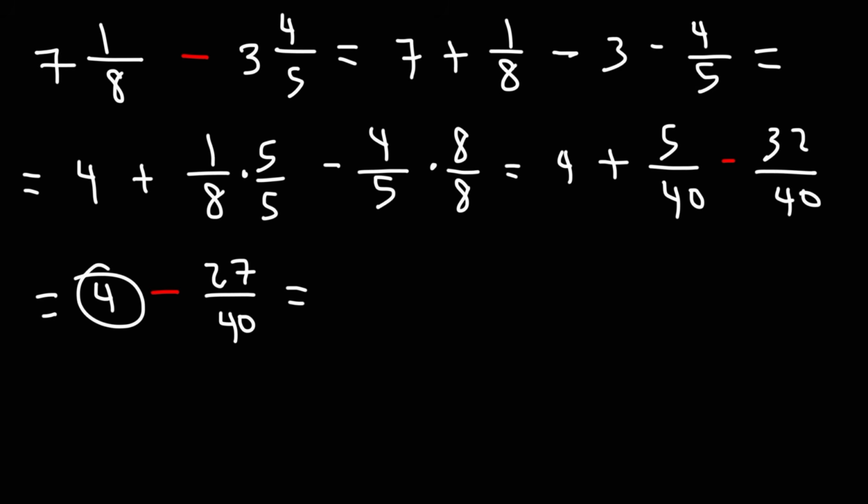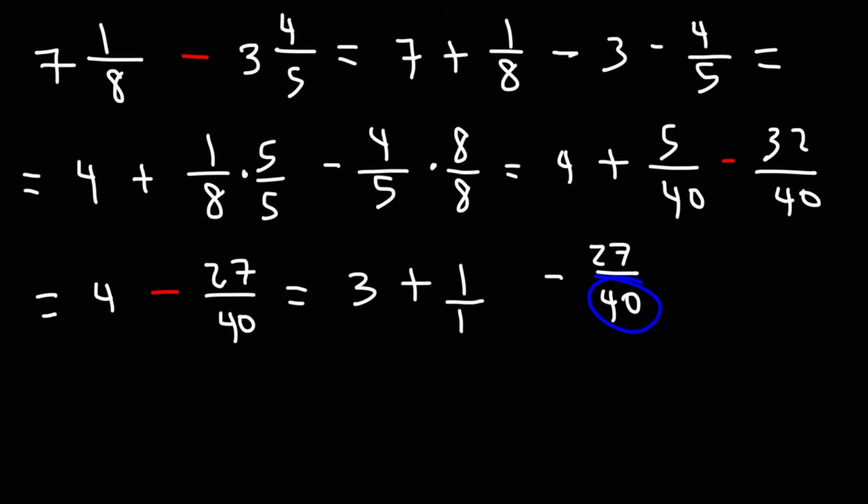So we need to borrow a 1 from the 4. So 4, we're going to write that as 3 plus 1. Now this 1, you can write it as 1 over 1, and we're going to multiply it by 40 over 40 to get common denominators.